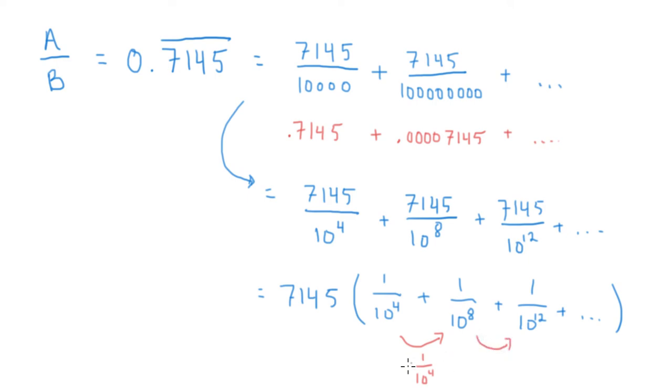And then if I multiply by 1 over 10 to the 4th again, I'll get 1 over 10 to the 12th, and then again, I'll get 1 over 10 to the 16th. And so you see each term I'm adding up, I'm just multiplying by the same thing from the previous term. So this is the sort of thing that you can actually add up, and let's see how that works.